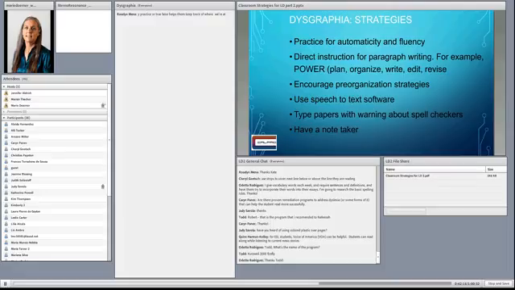Students often have missed out on or didn't hear how to write a paragraph, so direct instruction for paragraph writing, and lots of practice and immediate feedback. And then there are strategies like POWER, which stands for plan, organize, write, edit, and revise.